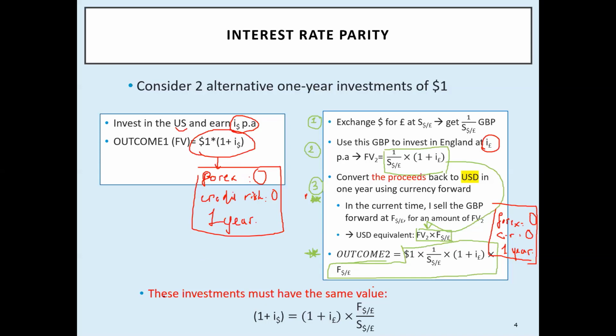So given that these investments have the same risk profiles, I'm going to argue that the investment returns for both of these options should be the same as well, okay? Which means that outcome 1, which is on my left-hand side, should be equal to outcome 2, okay?